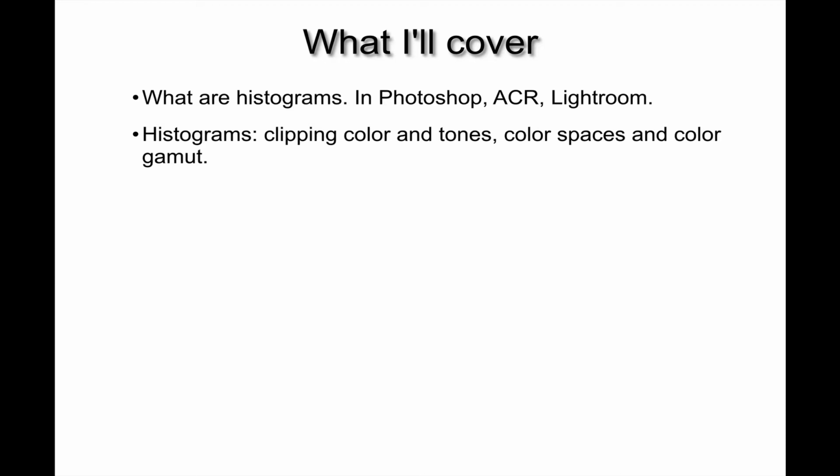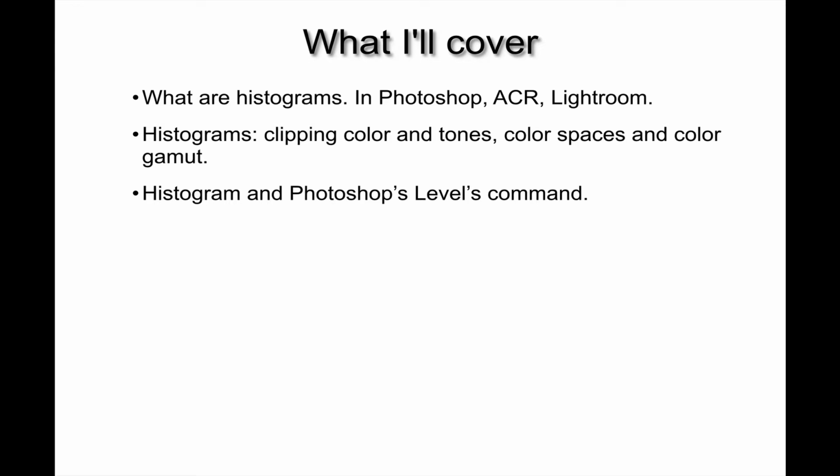They're too complicated and they don't provide anything useful. And I think by the time we get to the end of this tutorial, you'll see that the truth, more or less, lies somewhere in between. There are areas where histograms are not at all useful, and in fact, we'll talk about how histograms lie. And there are areas where histograms are very useful in determining various attributes about your images.